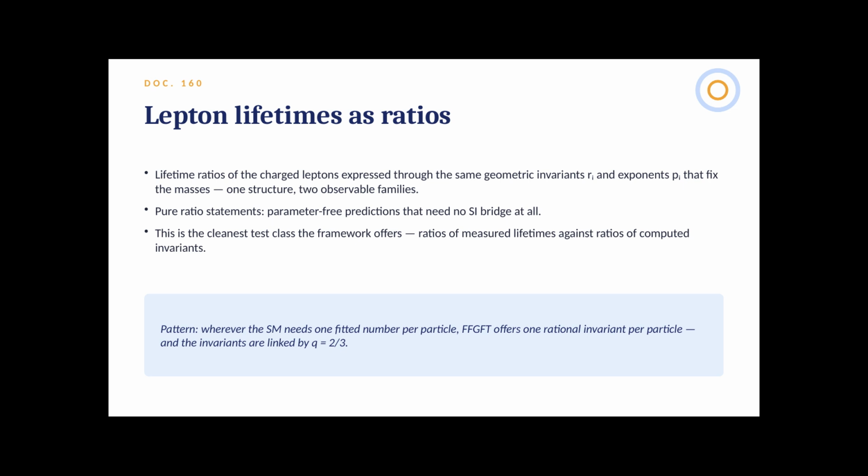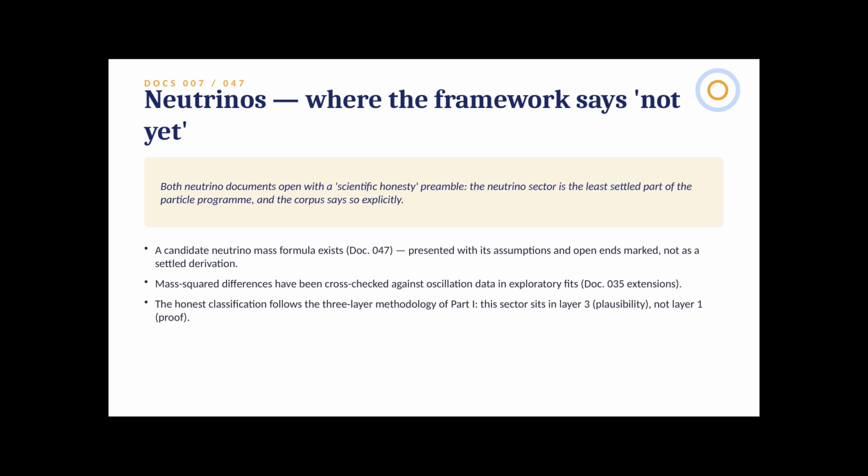You line up measured lifetime ratios against computed invariant ratios, head-to-head, with no free parameter in between. Where the standard model needs one fitted number per particle, FFGFT offers one rational invariant per particle, all linked by Q equals 2/3.